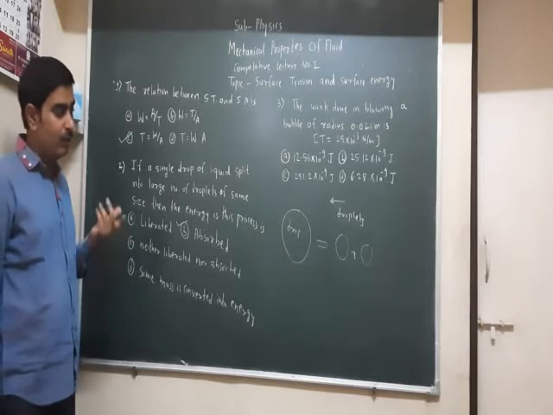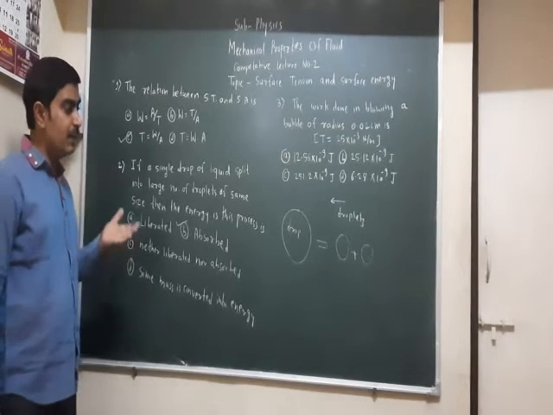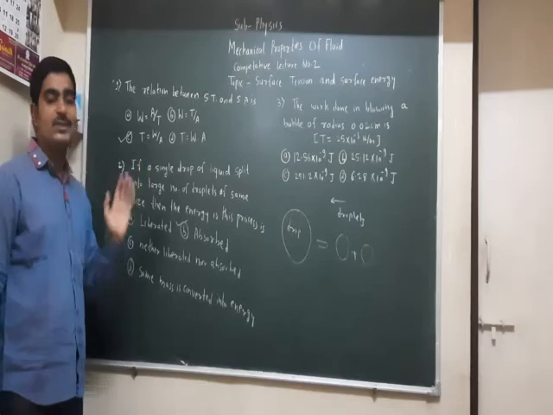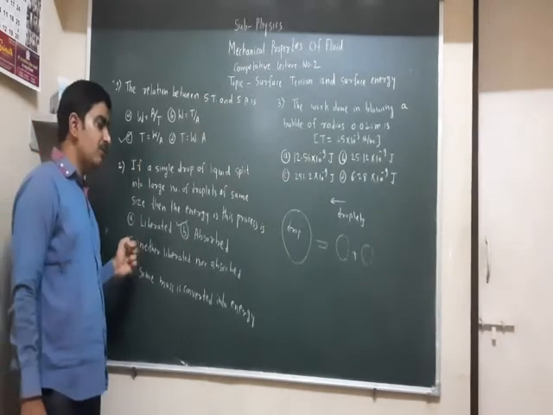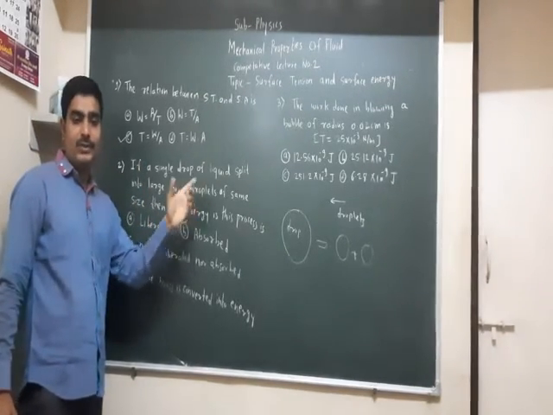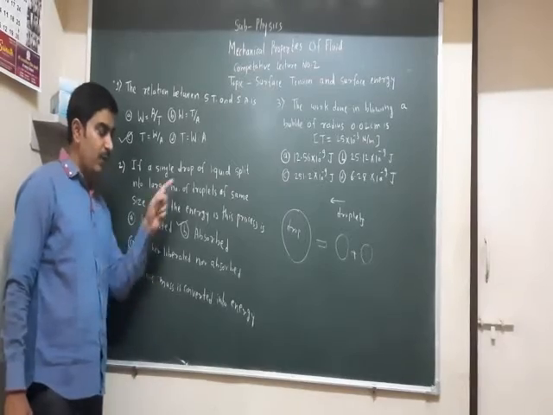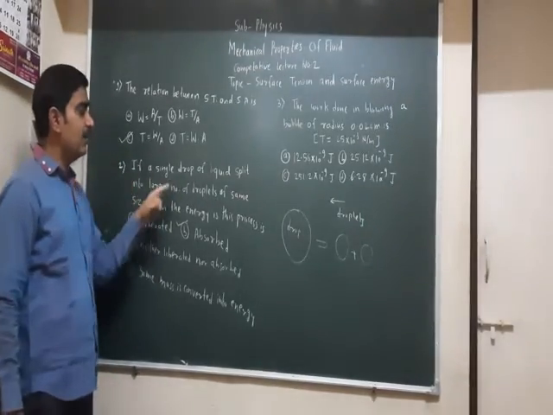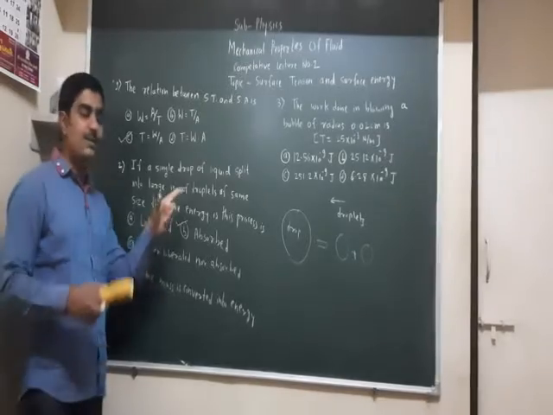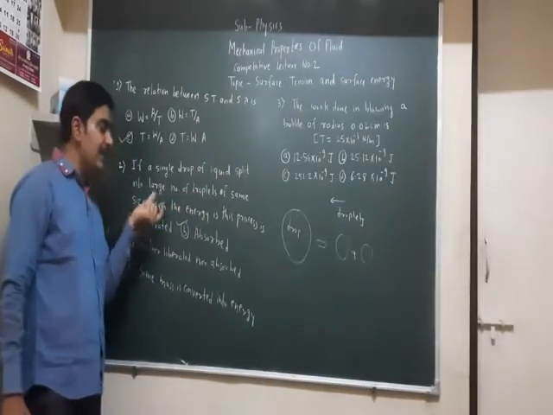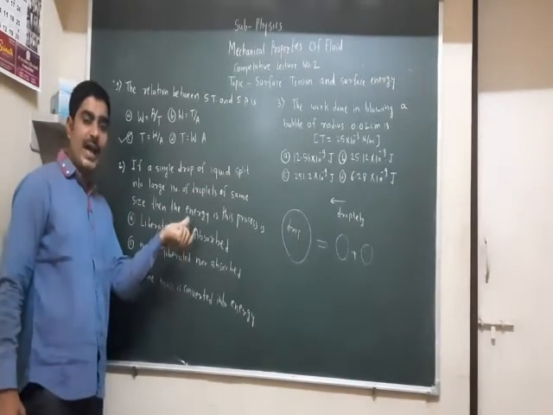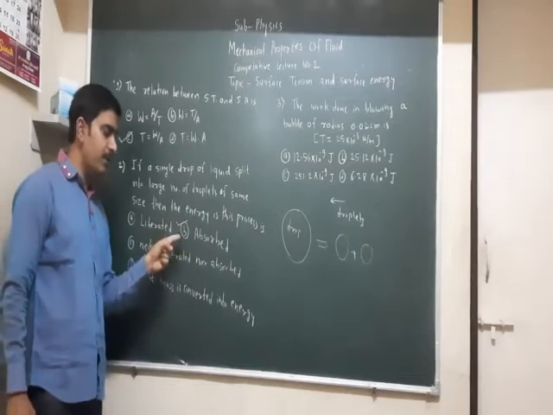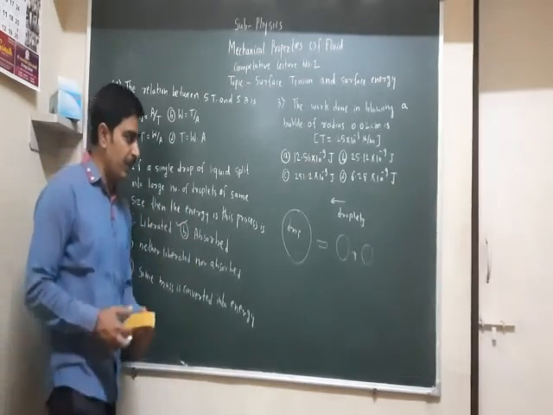So as per the question, you have to choose the answer. Friends, regarding surface energy, such kinds of questions will be asked. There you should draw the diagram, and based on that you can get a clear idea. So have you got the answer? If a single drop of liquid splits into a large number of droplets of the same size, then the energy will be absorbed in this process. Option number B is the correct answer here.